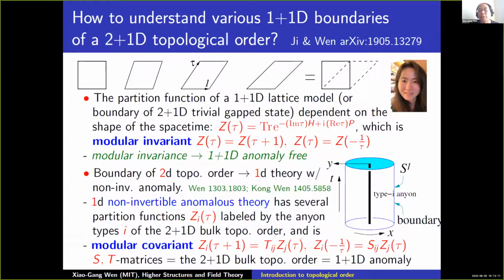Then the whole thing becomes modular covariant. And this modular covariance, the ST matrix, happens to correspond to the bulk topological order, what kind of anyon you insert.